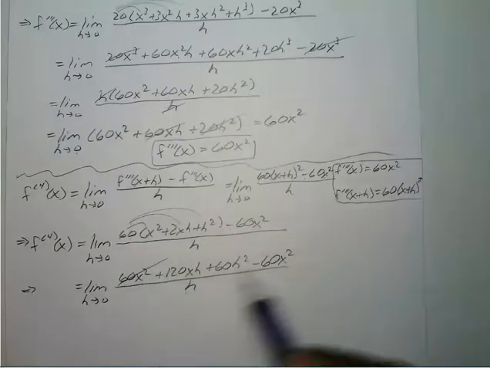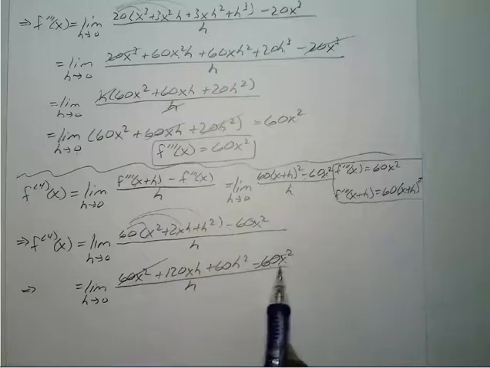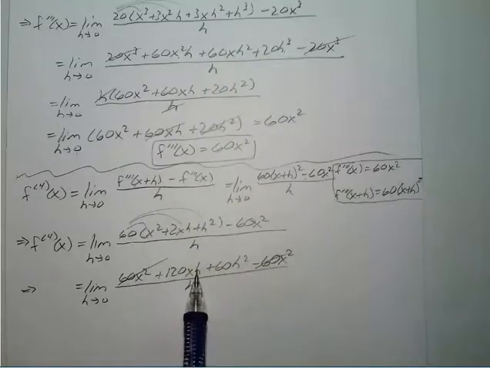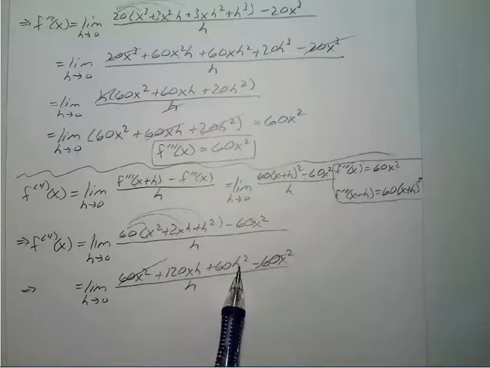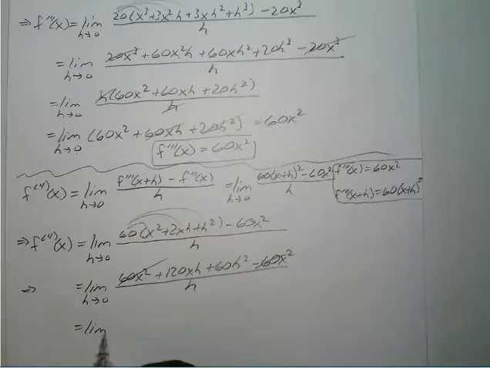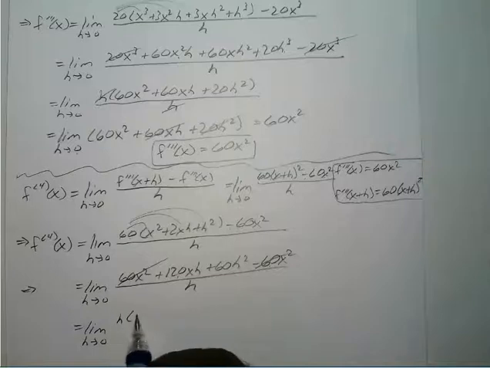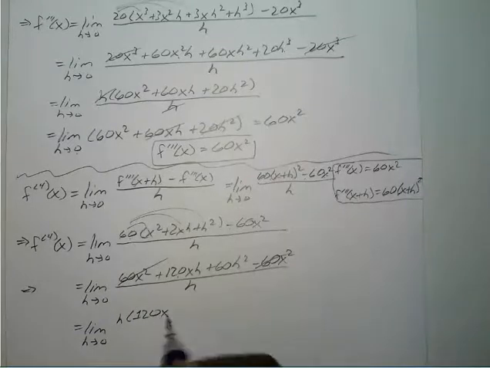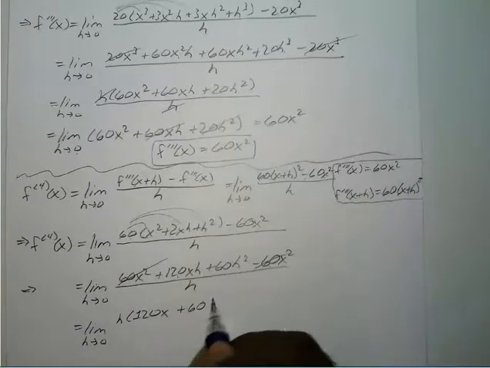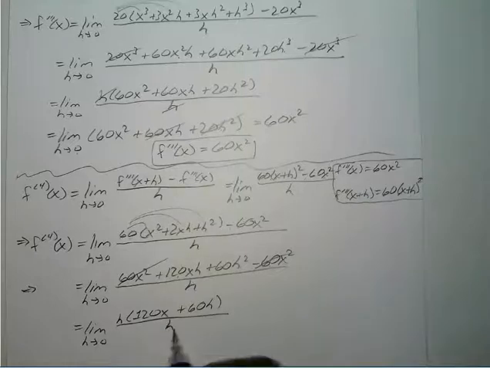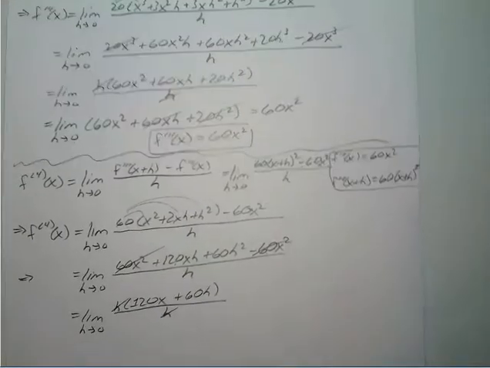Okay, so we see that these two will cancel each other out. And once again, we're going to factor an h out of what didn't cancel out in the numerator. That's the limit as h approaches 0 of h times 120x plus 60h all over h, where these two cancel each other out.